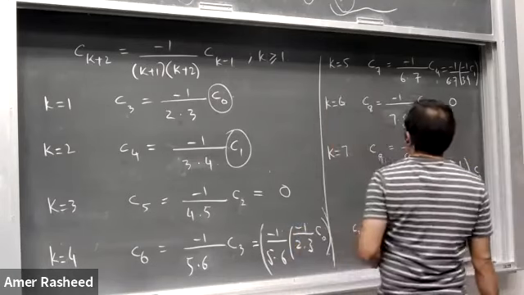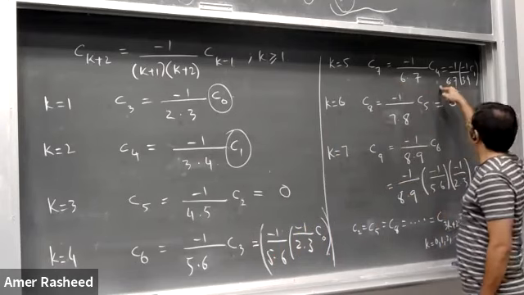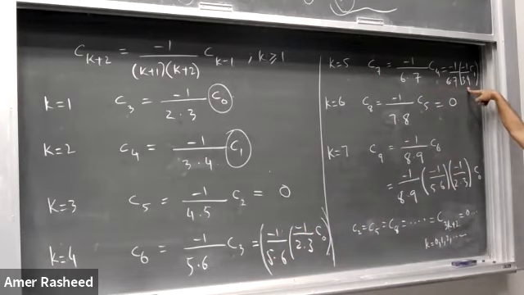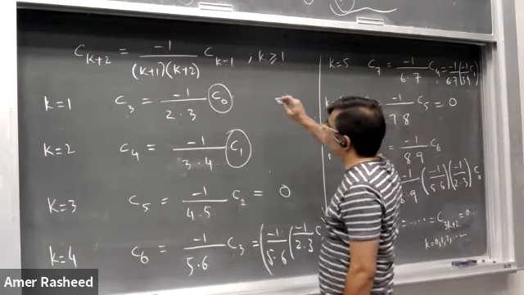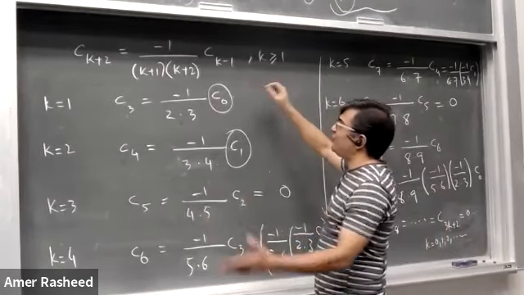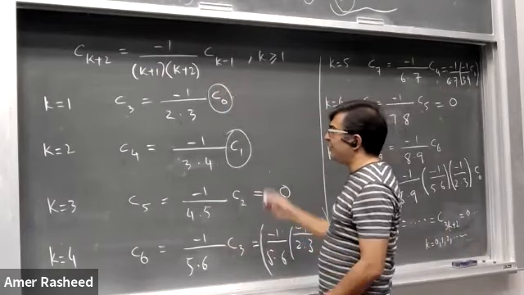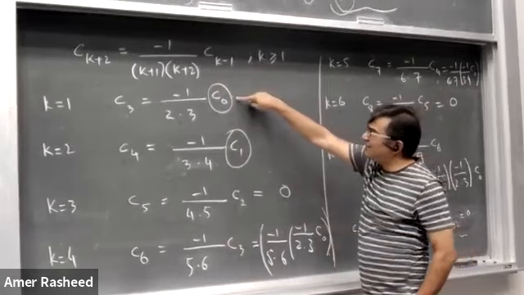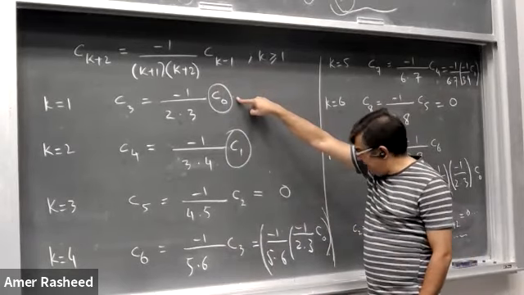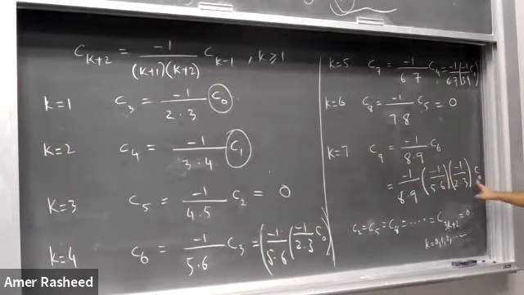Now we are going to generalize what? Now what we will try to do is generalize the coefficients which contain only C0, and also those coefficients which contain only C1. Because C3 contains C0, and then C6 contains C0, and then C9 contains C0.